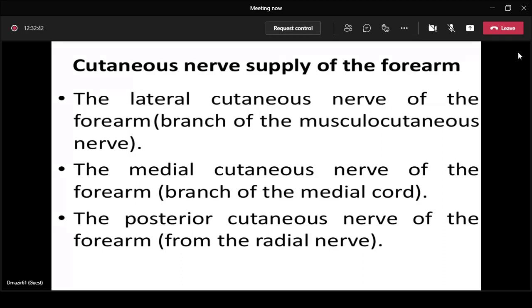And the other is the dermatome. So a dermatome is the area of skin supplied by a single spinal segment. Whenever you are asked to draw and label the cutaneous nerves, you will write it differently. You will draw the nerve twigs on the skin and name them along with their root value.